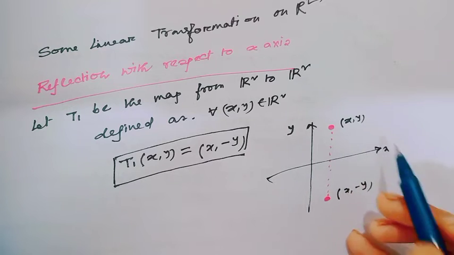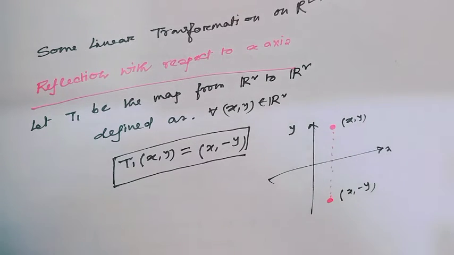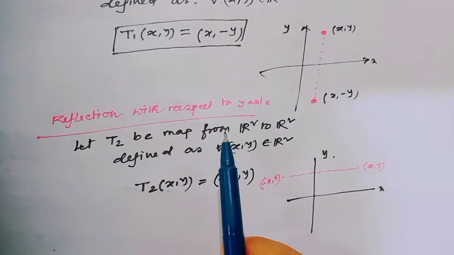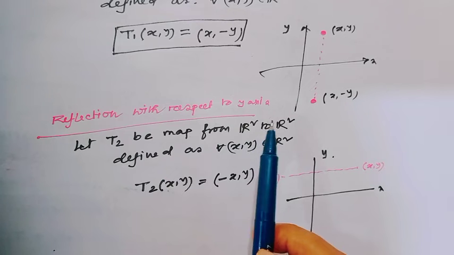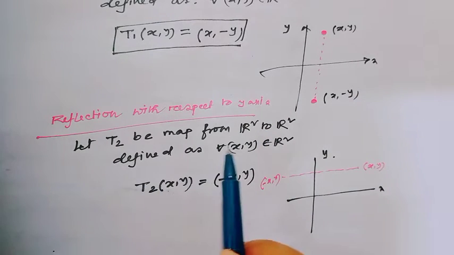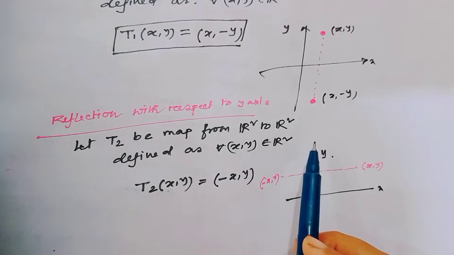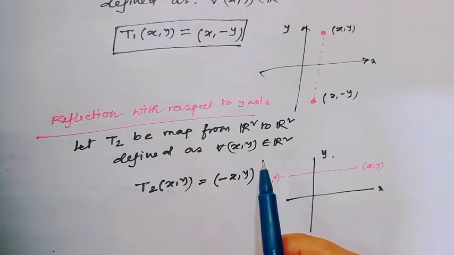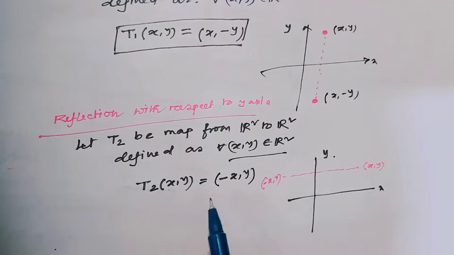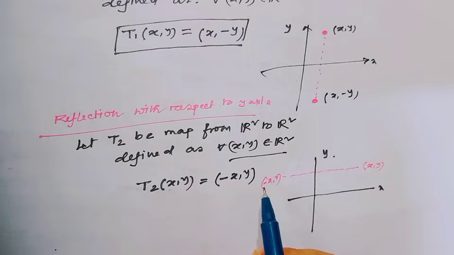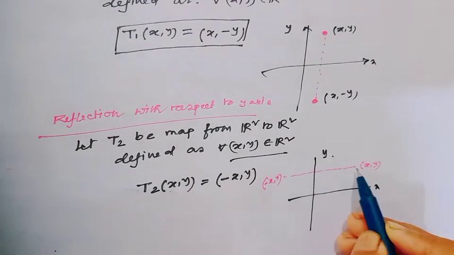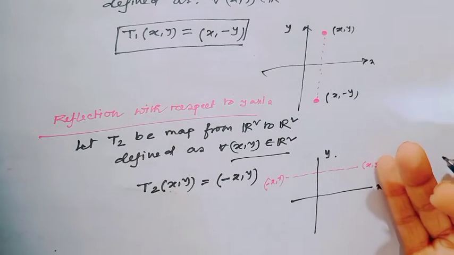Here (x, y) maps to (x, minus y). Now I will show another linear transformation, reflection with respect to the y-axis, and the mapping is T2 from R2 to R2, defined for all (x, y) belonging to R2, T2(x, y) equals (minus x, y), and this linear transformation is reflection with respect to the y-axis.